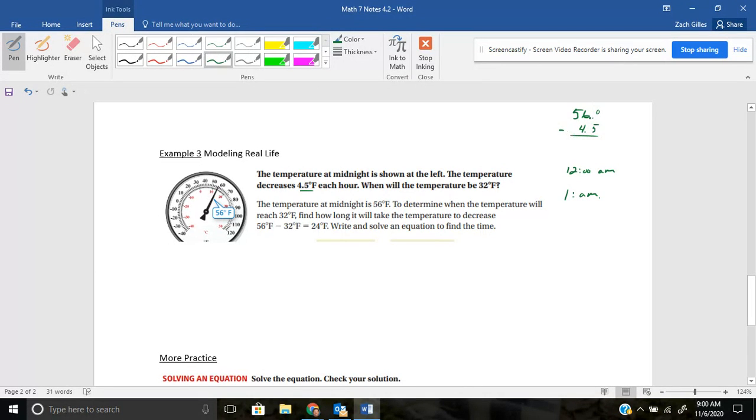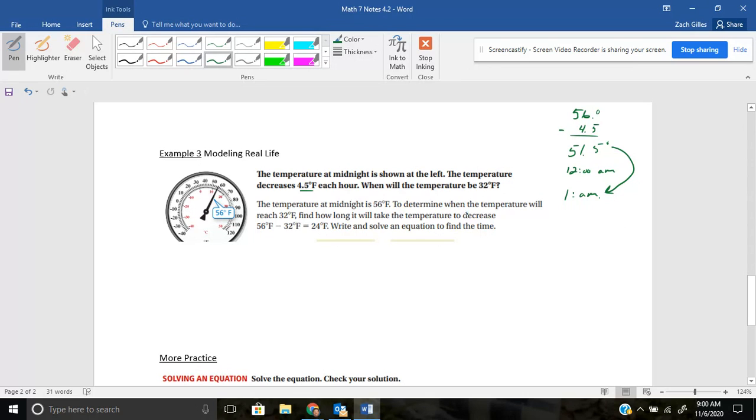Well, that would be 51.5 degrees, right? After 1 hour. So at 1 a.m., it'd be 51.5 degrees. Okay, you could keep going and using this pattern, but that would take a little while to figure out, and it might not be on the exact hour.